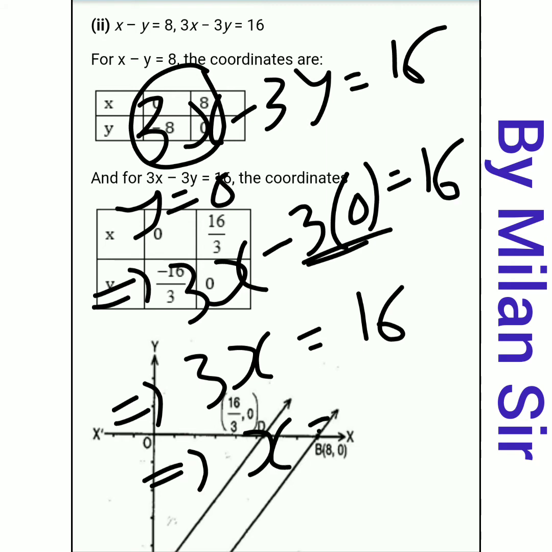If we transfer this 3 to the right hand side, it goes to the denominator, so x is equal to 16 by 3. If we put y equal to 0, we get x equal to 16 by 3. So our 2 points are ready.